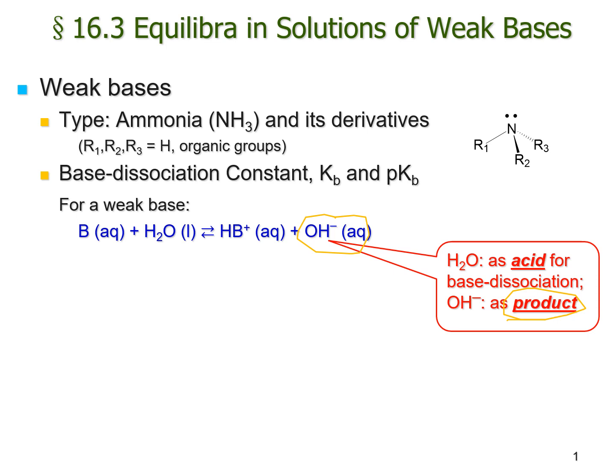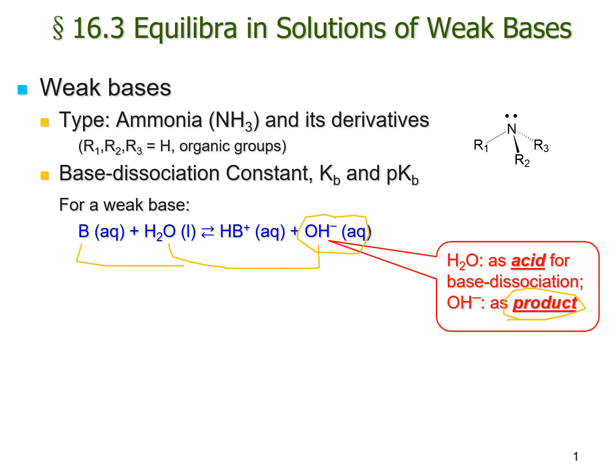H3O plus must be the product for acid dissociation. OH minus must be a product for base dissociation. Then we should be able to figure out the rest. The reason for that is, once we know the OH minus, water must be its conjugate acid, because it has to provide H plus to the base.